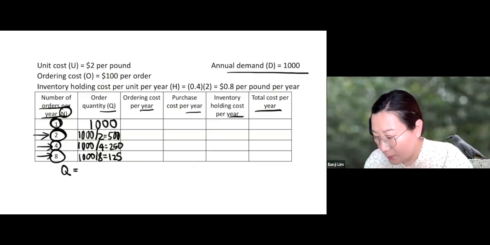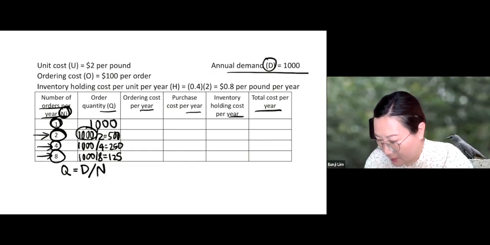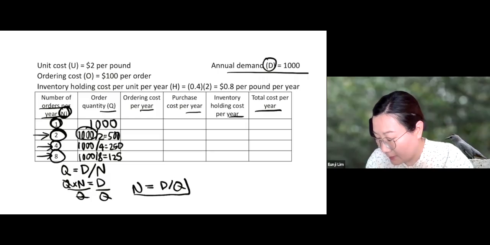When we computed the order quantity, we took 1,000, the annual demand, and divided it by N. Now, can we express N in terms of Q? Yes. If you multiply each side by N, you get Q times N equals D. And if you divide each side by Q, you get N equals D over Q.